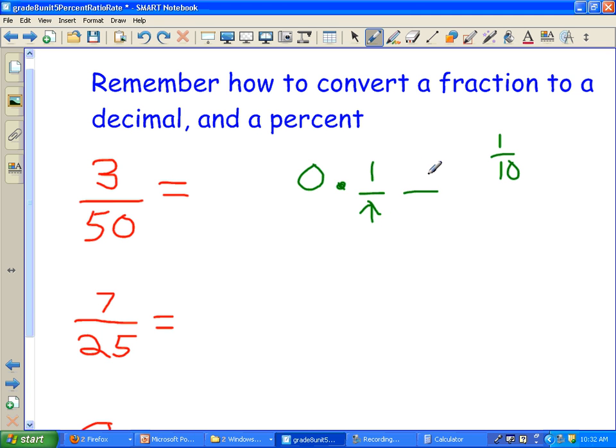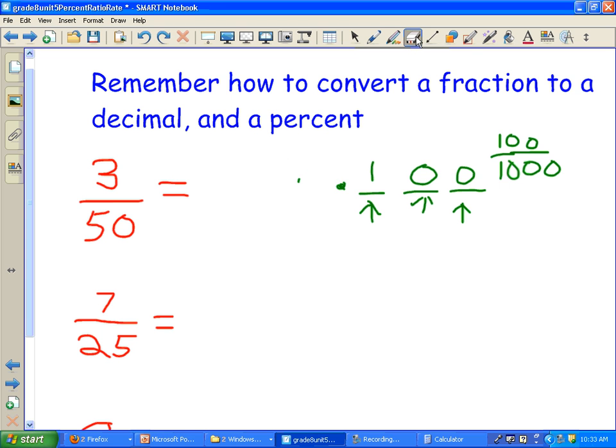If I have 2 places after the decimal, so 1, 0, now I'm in the hundredths place, so it's 10 out of 100. And if I have one more place, it will be out of thousandths, so 100 out of 1,000.